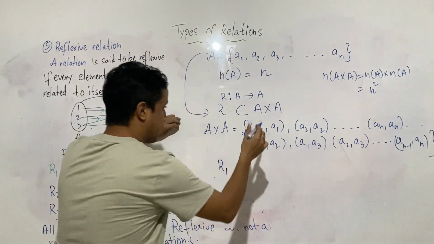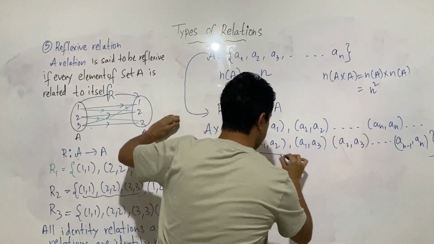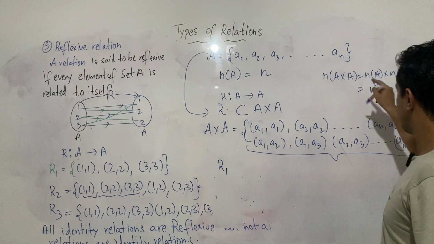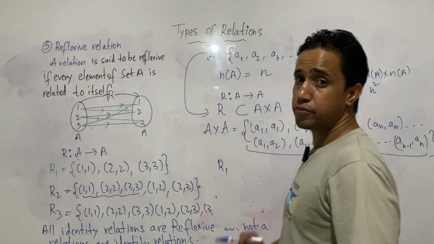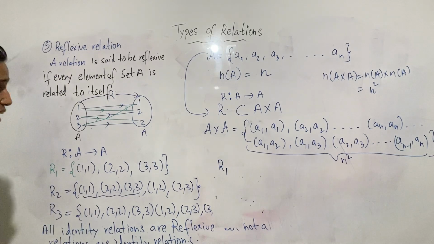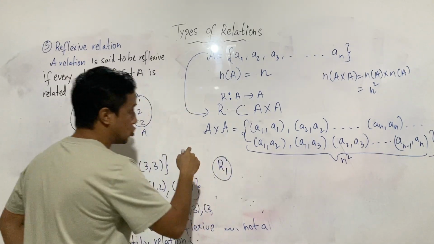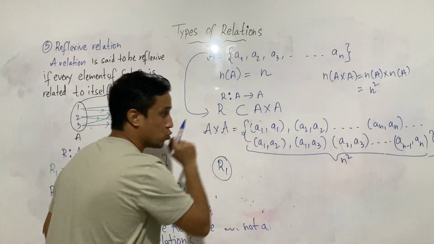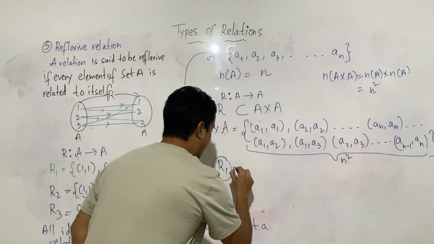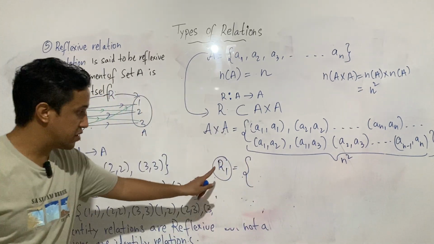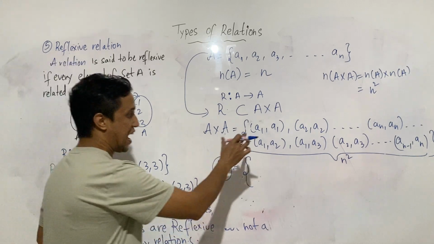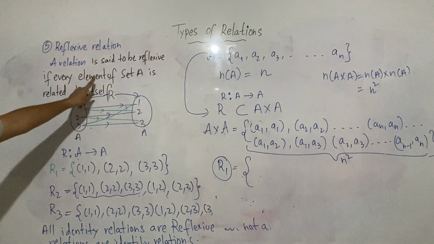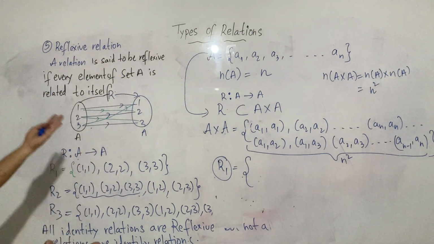Now for this relation, here I have how many total elements? The total elements here are going to be n square, right? And I want to develop a reflexive relation here, and I know it's going to be a subset of this set. So for this relation to be reflexive, I have to include all these ordered pairs, because that's what the definition says: every element is related to itself.